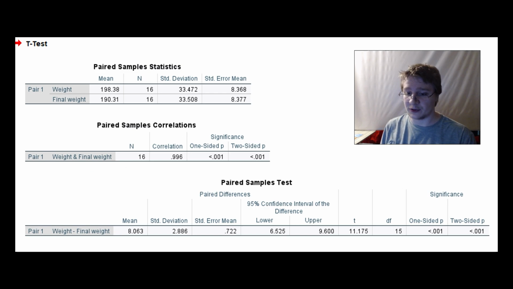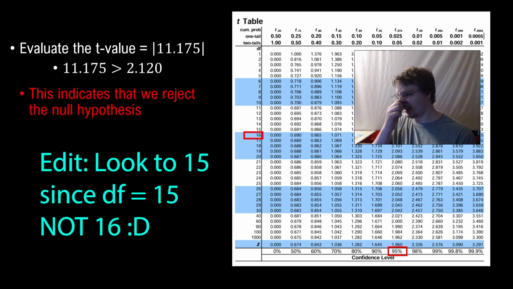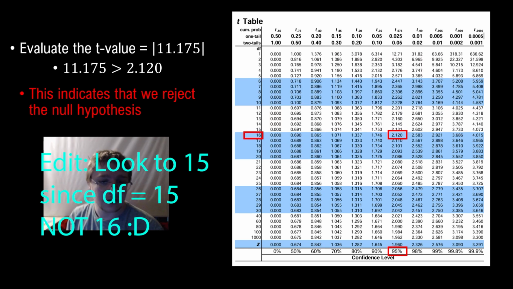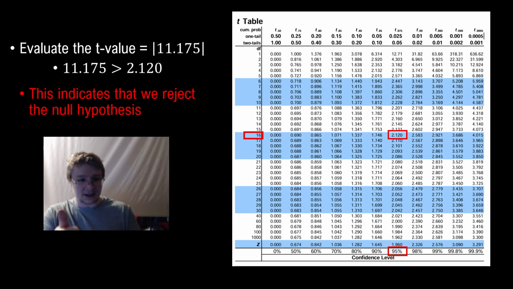So let's do it again, shall we? Our t-value today is 11.175. We look at our chart. We say, okay, we have 16 samples. So we look over there: 16 samples, and our 95% confidence interval, we ended up with 2.120.